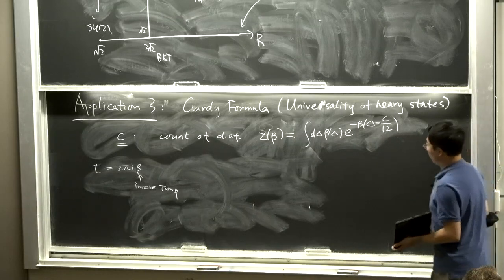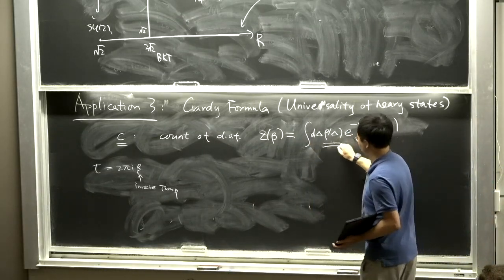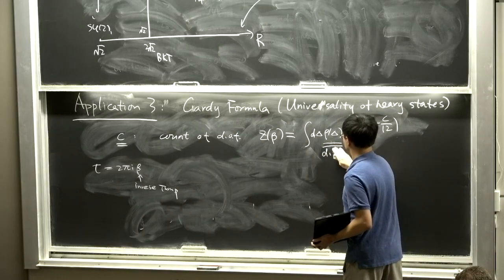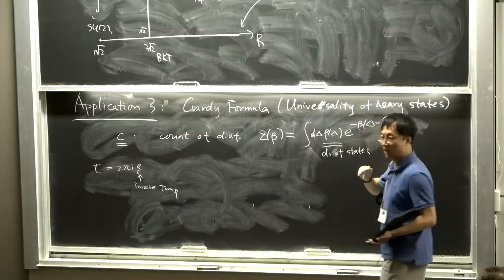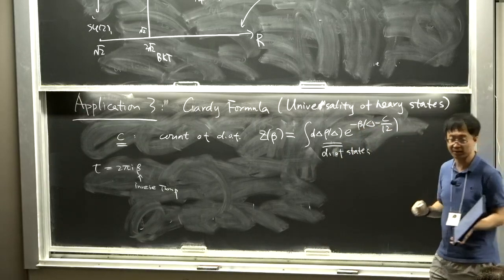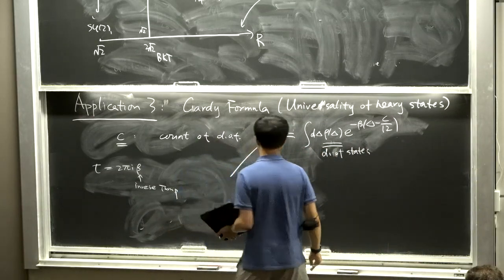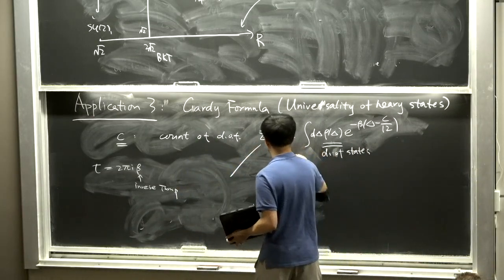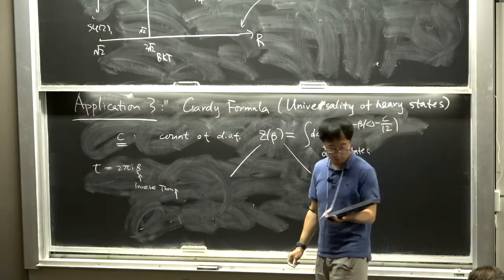Okay, and the statement we'll be making is about this density of states when delta is larger than c. Okay, that's the famous Cardy formula. So how do we do that? We want to use the modular S invariance. So we can look at two limits of this partition function, the so-called high temperature and low temperature limit.